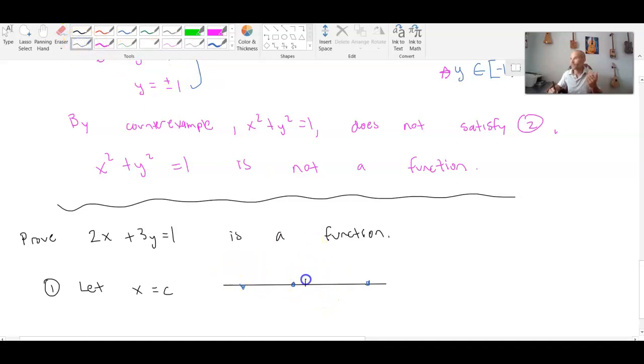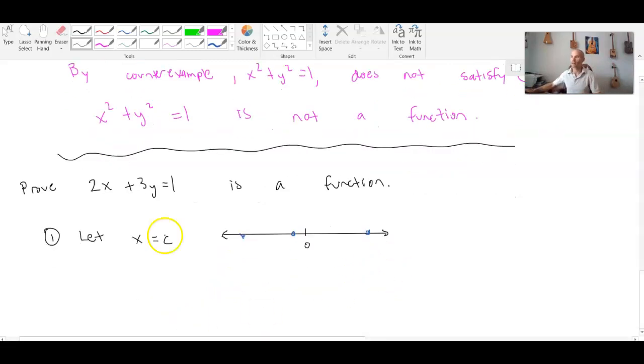On this number line, we have some sort of relative 0, and this number line goes on infinitely in both directions. So let's say you've chosen some x, and without loss of generality, let's say it's some value x equals c over here. Well, if x equals c, that means that 2 times that c value, plus 3 times y equals 1.